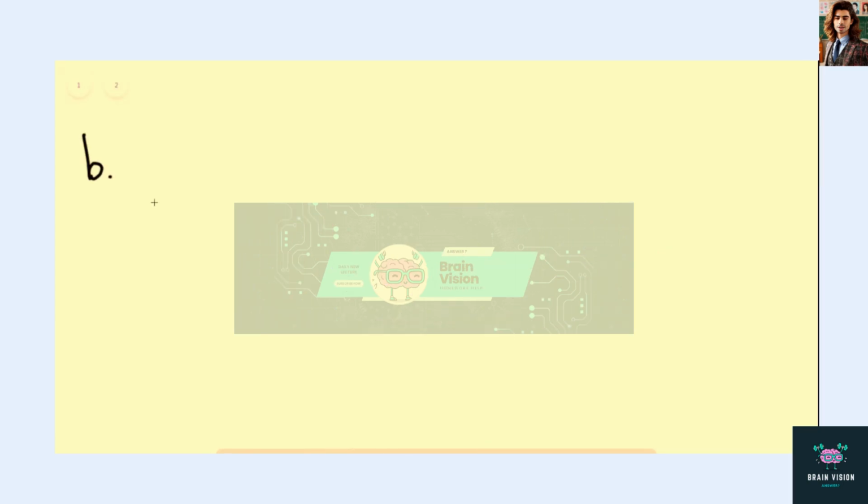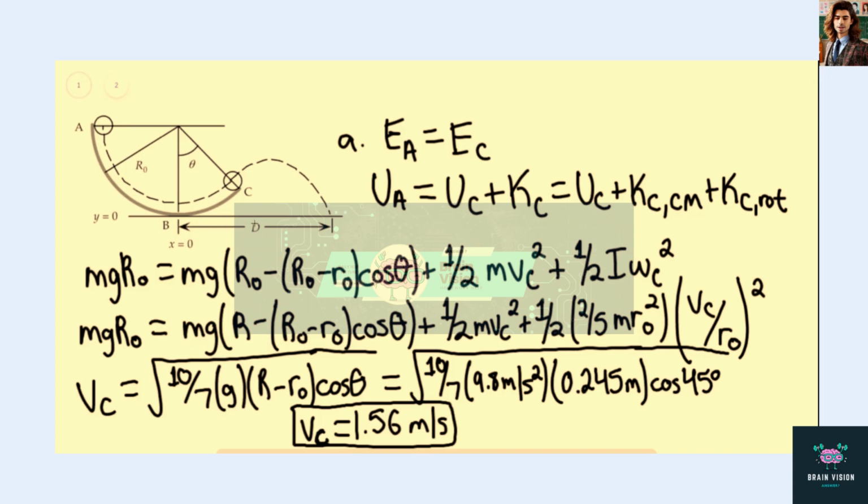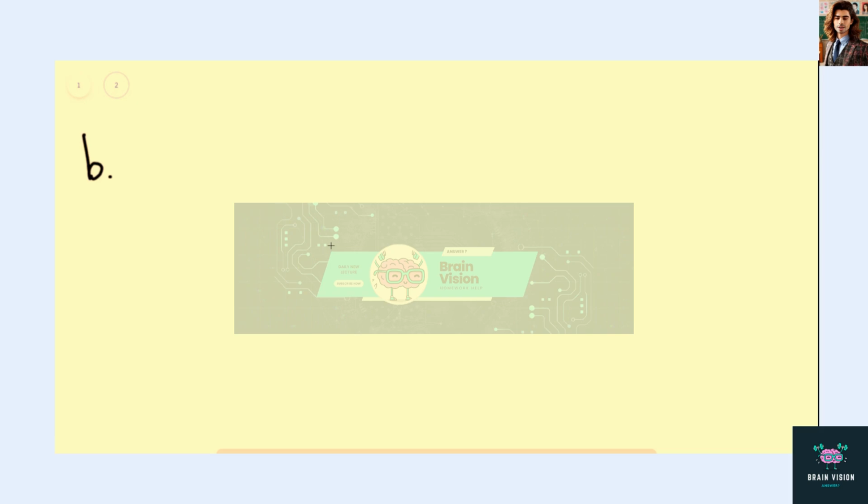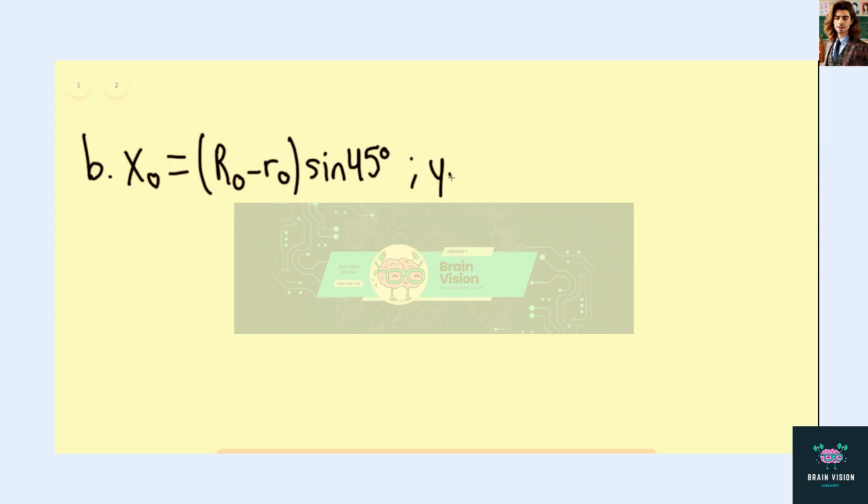For part B, it's asking us essentially, what is this length d? We can say that the initial location of the ball, x initial, equals the radius of the curve minus the radius of the sphere times sine of 45 degrees, and y initial of the ball equals R minus (R minus r) cosine of 45 degrees.